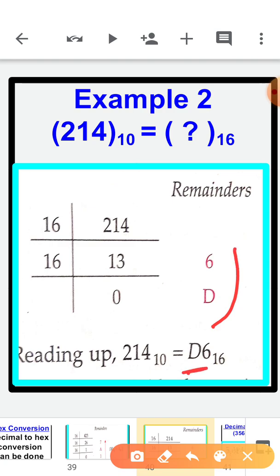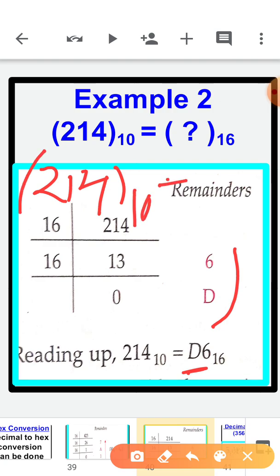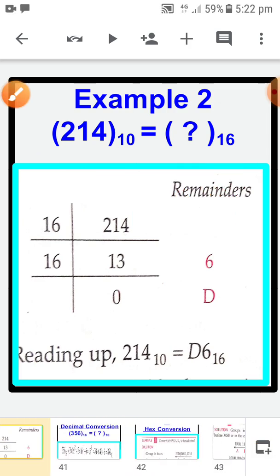So instead of 214 in decimal, you can write D6. This is simpler to read. I hope you are getting my point.